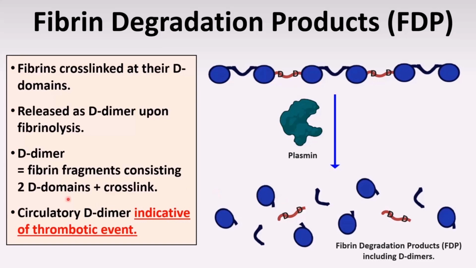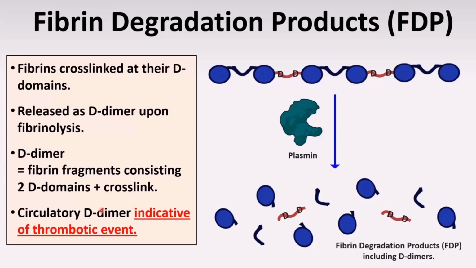If we were to measure the circulatory D dimer in the serum, there's always a standard or normal range that we usually see in healthy adults. But when we see elevated D dimers in the serum, and that person doesn't have huge clots from injuries or fresh wounds, what this means is that there can potentially be a thrombotic event or thrombosis happening somewhere else in the body.